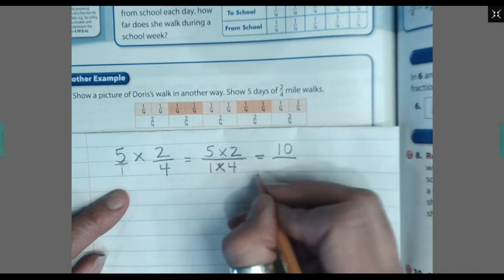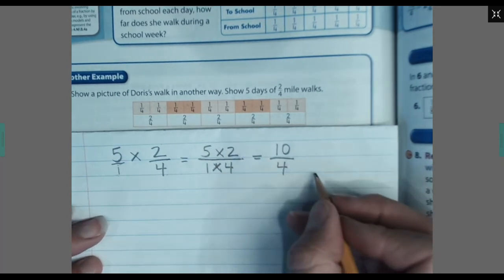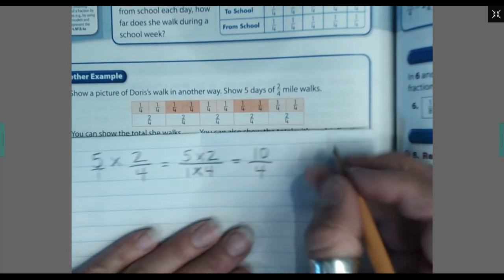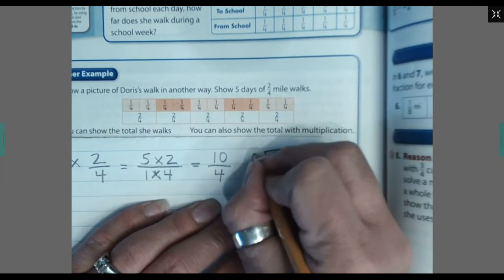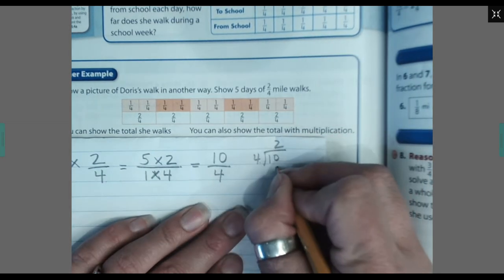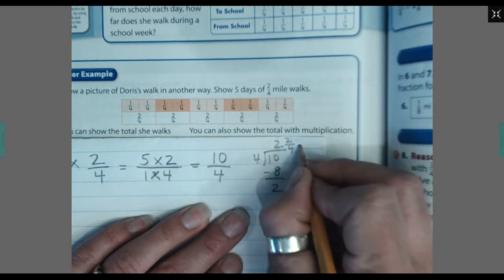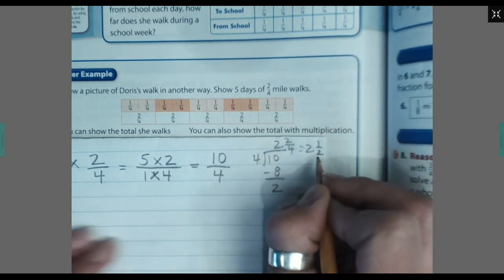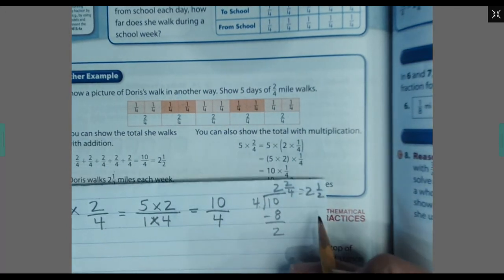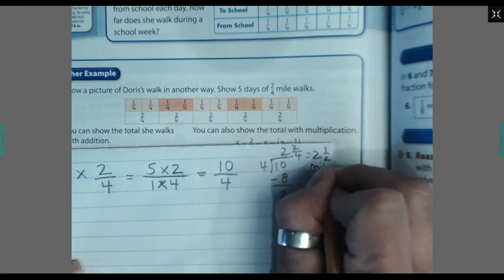And we got the same exact thing. We go through the same exact process. 10 divided by 4, we get 2. 2 times 4 is 8 with a remainder of 2. So 2 2/4, which reduces to 2 1/2. And our units are 2 1/2 miles. Okay, so we did that.